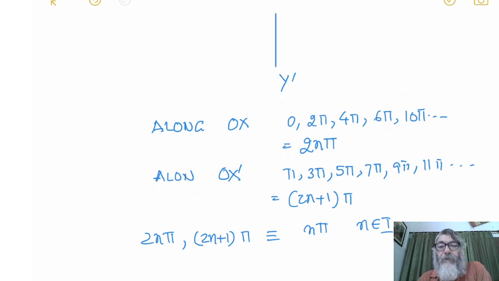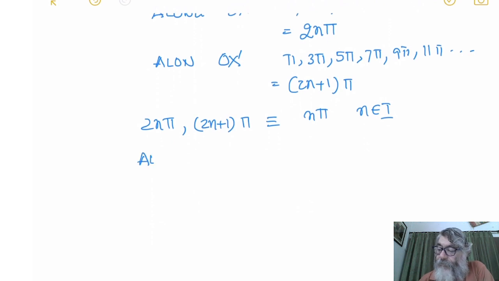This will cover the OX axis and the OX dash axis. So on the horizontal line, we get multiples of pi.